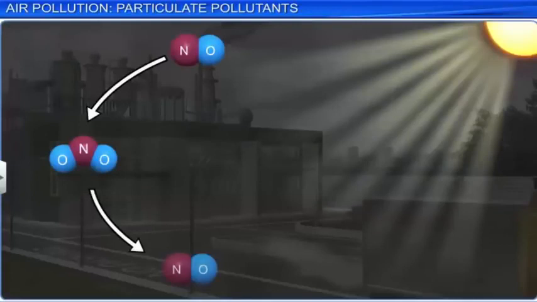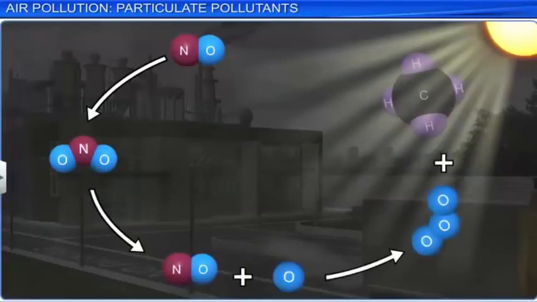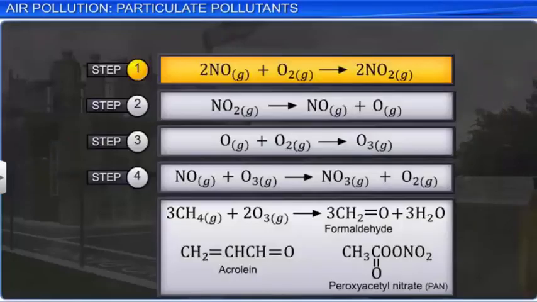These chemicals are produced in a chain reaction of unsaturated hydrocarbons and nitric oxide emitted by burning of fossil fuels, factories and automobiles in the presence of sun rays. First, the nitric oxide combines with oxygen to form nitrogen dioxide.